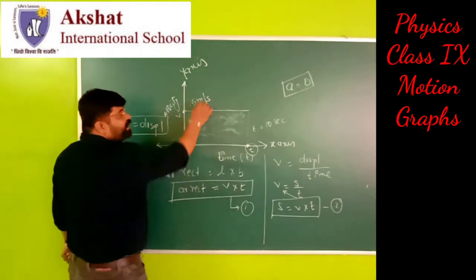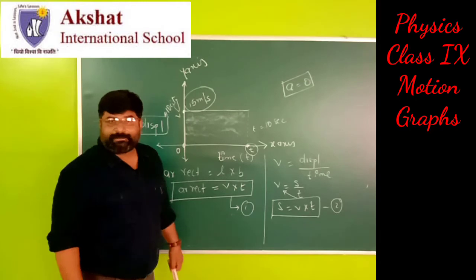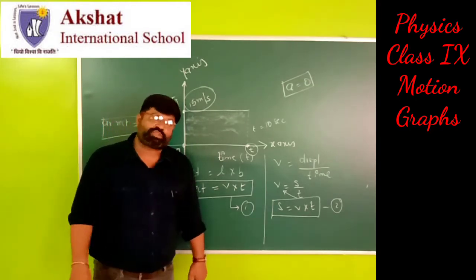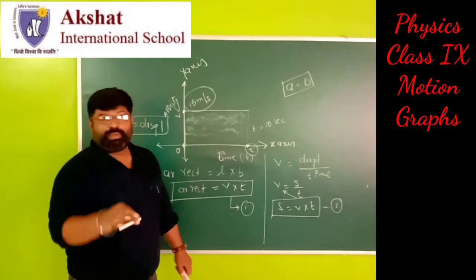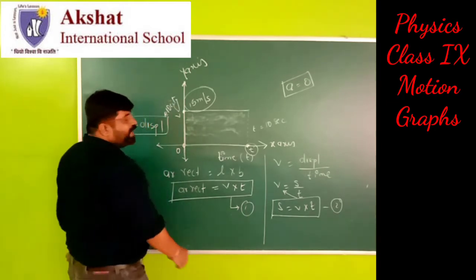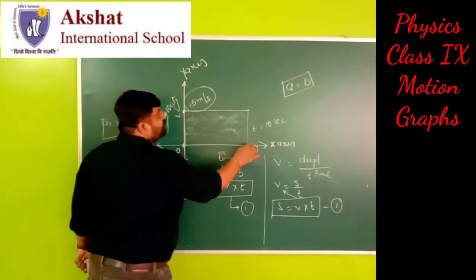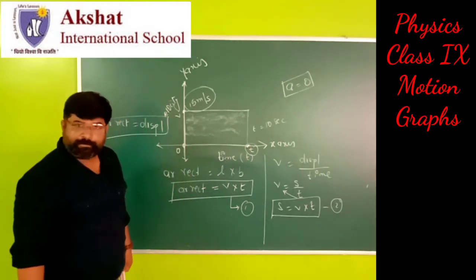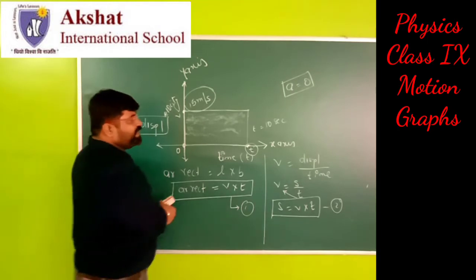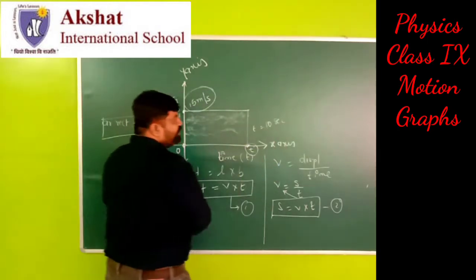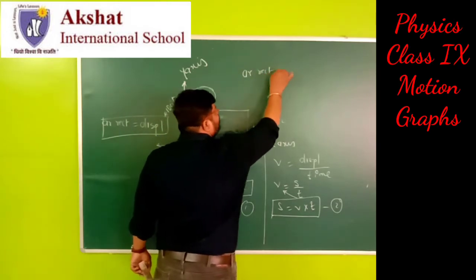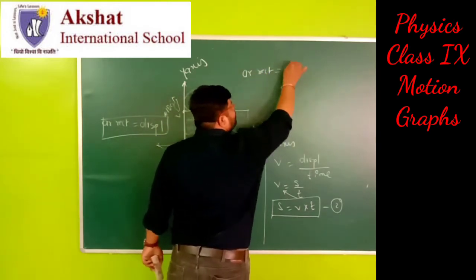If an object is moving with 15 meter per second, then after 10 seconds, what will be its displacement? If we have to find out, we can easily find it with the help of the area under this graph. How can we find it? It's very easy. See here, we know that the area of this rectangle represents the displacement.